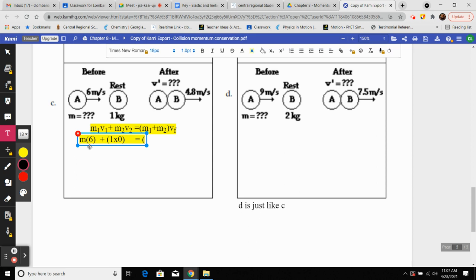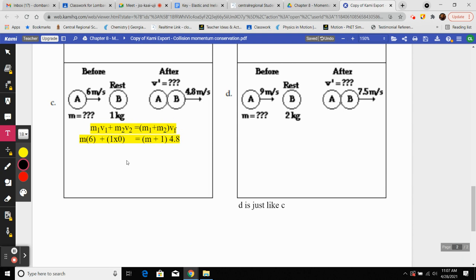The other ones you may not, but this one you should definitely have them, in the inelastic collision equation. We're using the variable M to represent that object's mass. It could be M sub 1, but M just works fine for this case. Plus M2, which is still 1. And the final velocity that they told us was 4.8. So this is what we're left with after we have our information.